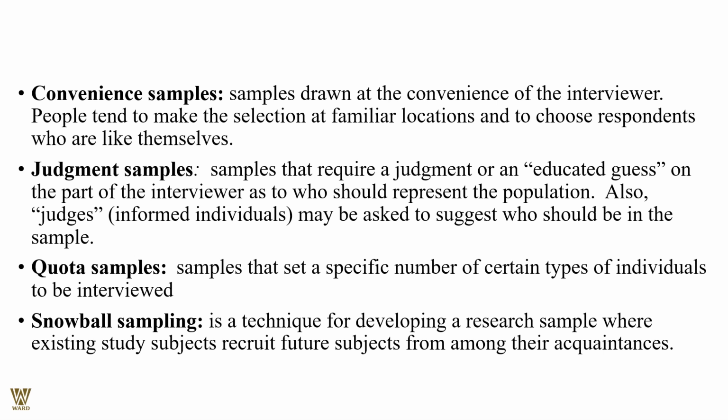Quota sample sets a specific number of interviewees, a certain number of individuals. It has to fit the certain quota. It has to fulfill those parameters. Snowball sampling is a technique for developing a research sample where existing subjects recruit future subjects as and when. In fact, they would let them tell it to you as the reference point.